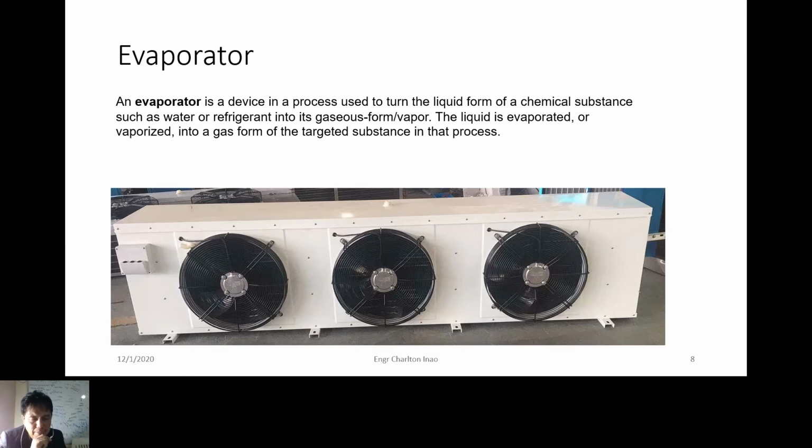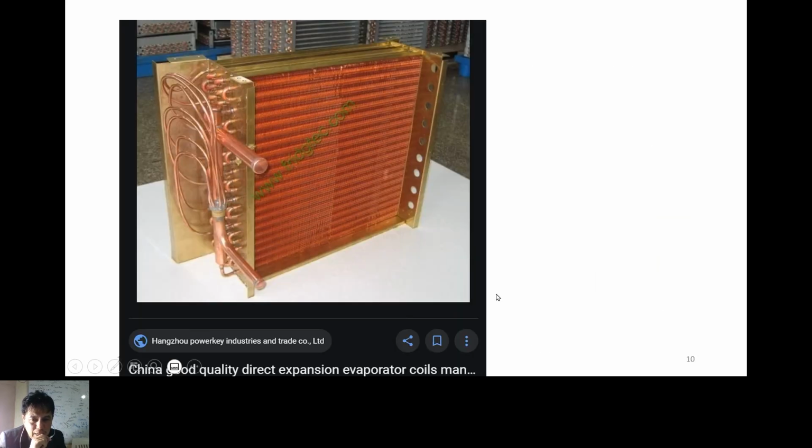Pwede rin naman sa mga iba, katulad ng sa mga halaman or sa mga semiconductors. Storage na ito, sunod-sunod na tatlong evaporator. So nagiging komplikado na.